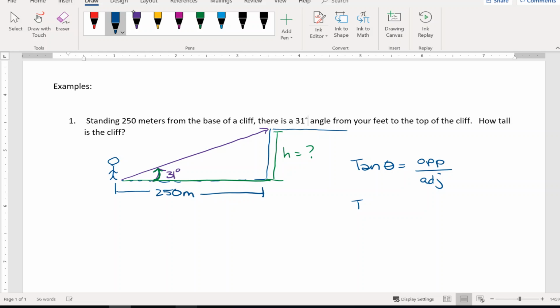So here, let's fill in the information we have. We have tan of 31 degrees. We don't have the opposite side, but we do have the adjacent side. So let's go ahead and solve for h.